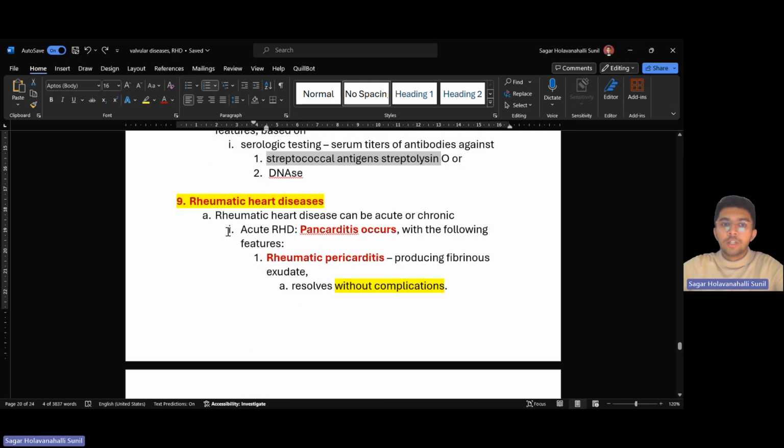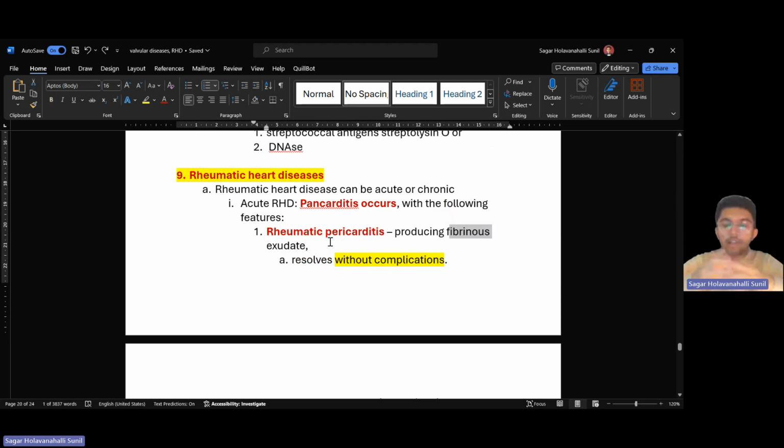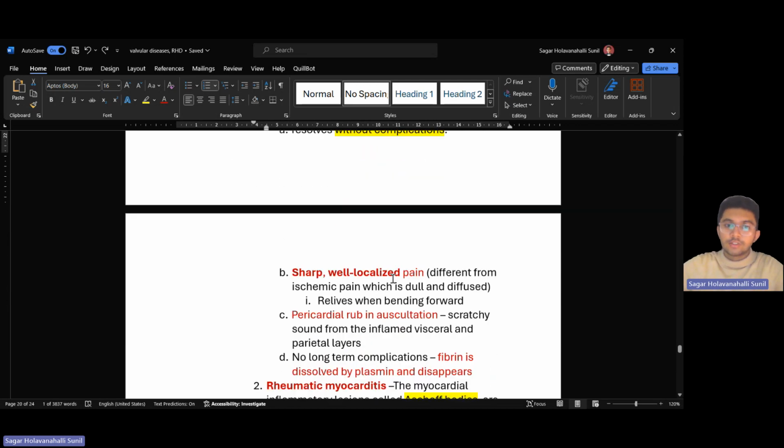Now, coming more into rheumatic heart disease, remember I told you there will be pancarditis. So you talk about endocarditis, myocarditis, and pericarditis. Pericarditis, again, is fibrinous exudate that causes irregularity on the surface of the pericardium, can cause frictional rub, can cause chest pain, and can resolve without complications.